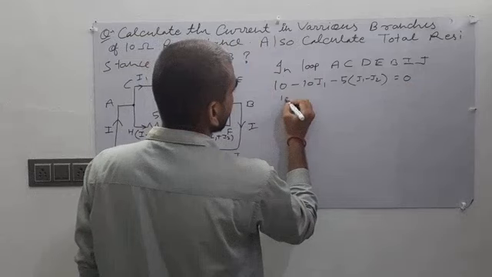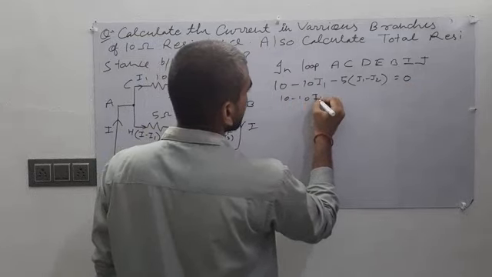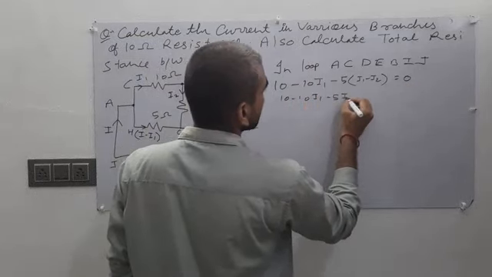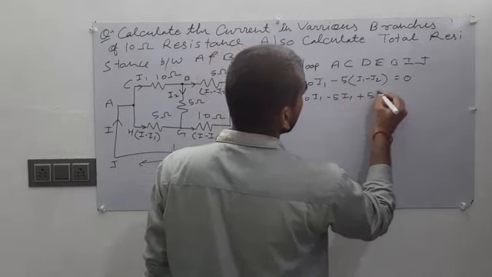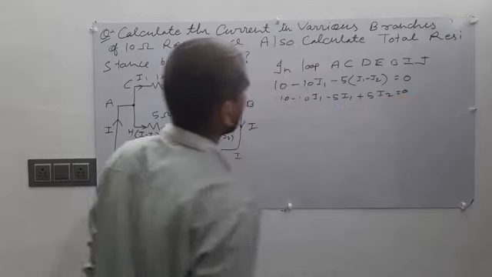That means 10 minus 10 I1 minus 5 I1 plus 5 I2 equals 0.